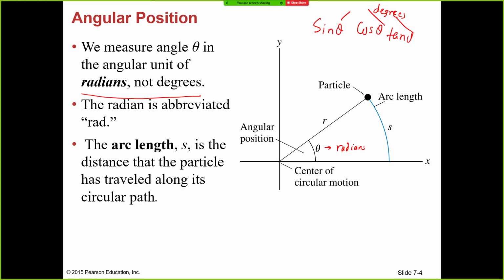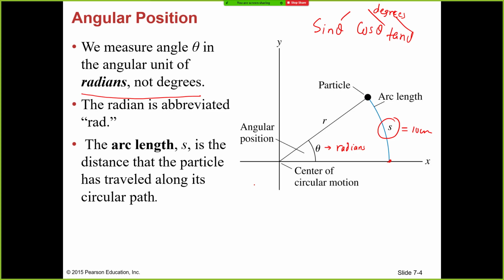And also, we can explain or describe the position of the particle by using the arc length. You can say from the x-axis, how far is that particle? Okay, you can use this s to explain that, to describe that. So this particle is, let's say, 10 centimeters from the x-axis.